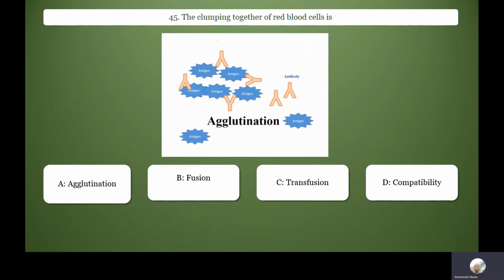Blood group B has antibodies against blood group A, so the antibodies of blood group B, which is the recipient, will clump together the red blood cells of A. It is called agglutination. It can lead to instant death of the recipient. So 45 is A, agglutination.